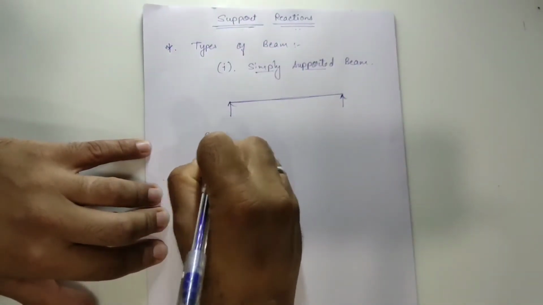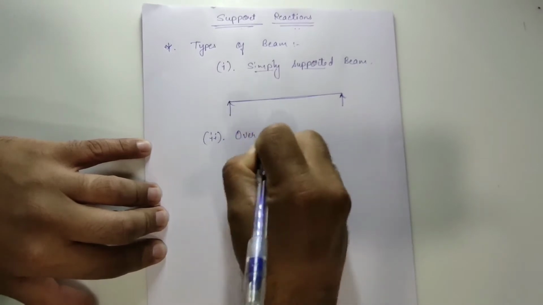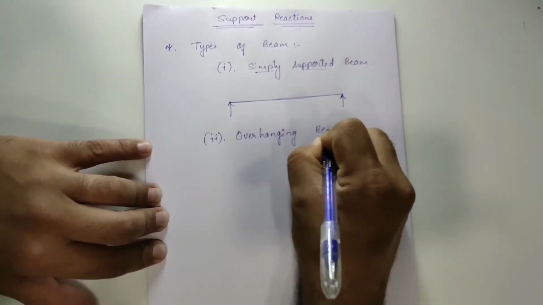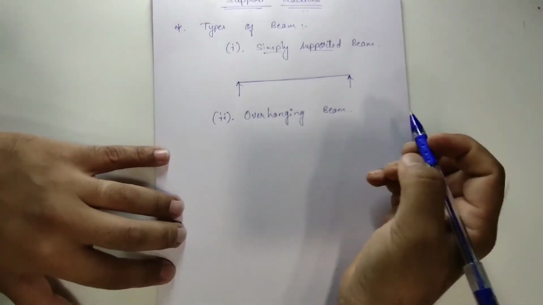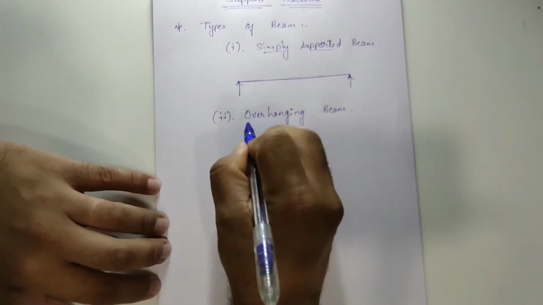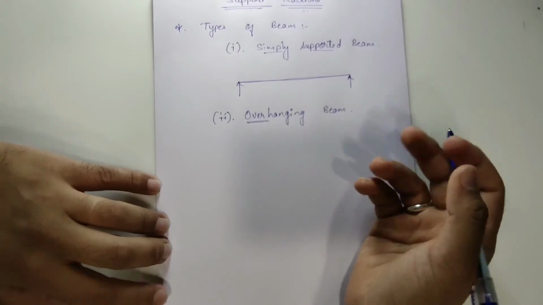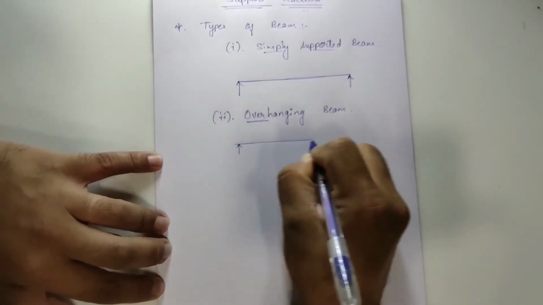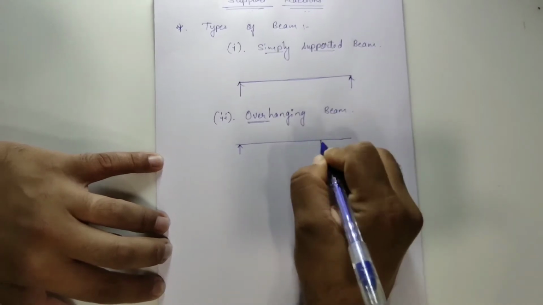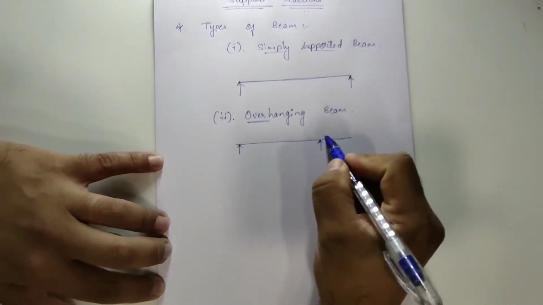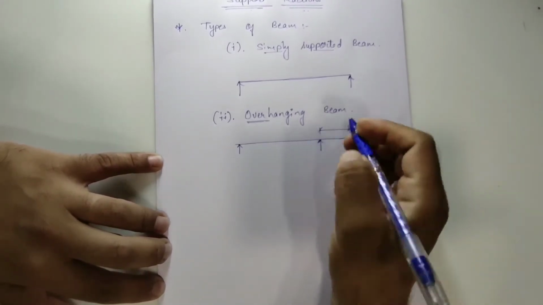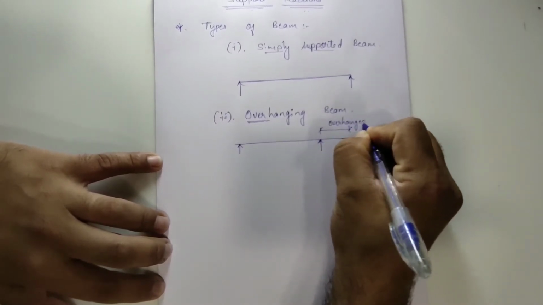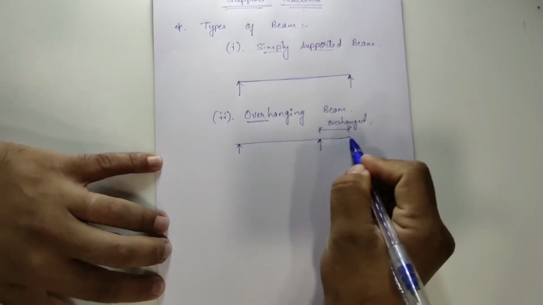Second one is overhanging beam. As the name itself denotes, the beam is overhanging from any one side or from both sides. So the first case I am taking is the beam overhanging from the right hand side, means this much portion is overhanged beyond the support.